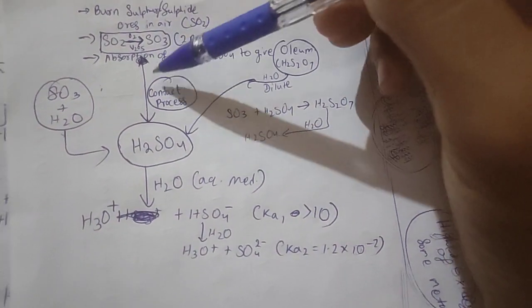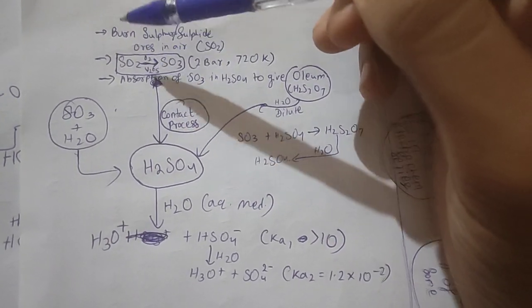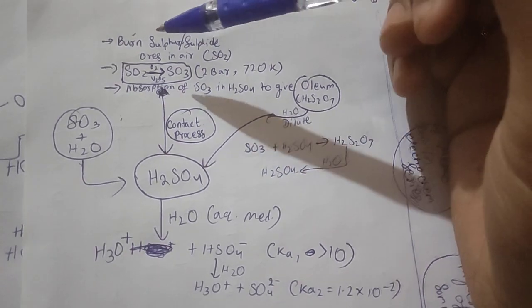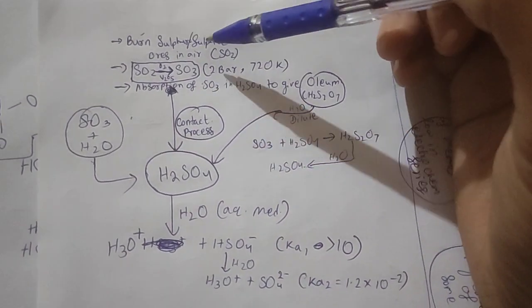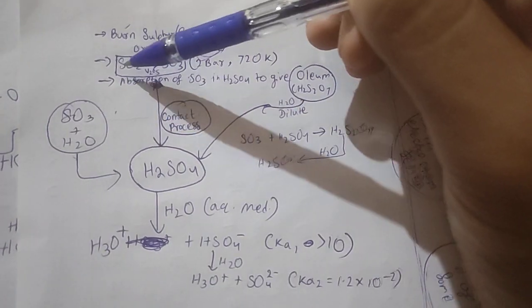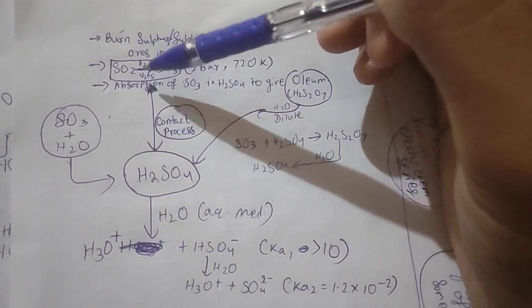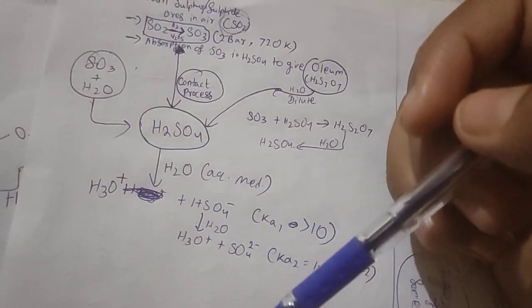Now we come to sulfuric acid. It's prepared using the contact process. What is the contact process? In this process, the first step is burning of sulfur or sulfide ores in the air. We get SO2 from this. Now this SO2, we know, gets oxidized by O2 in presence of a catalyst to form sulfur trioxide, SO3.